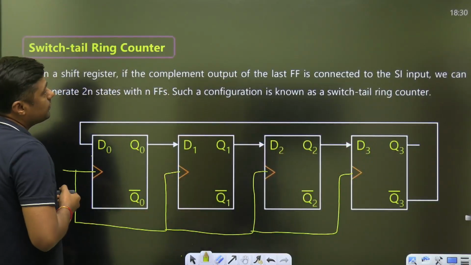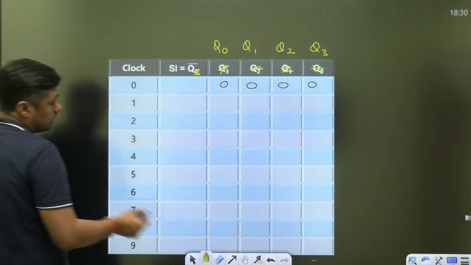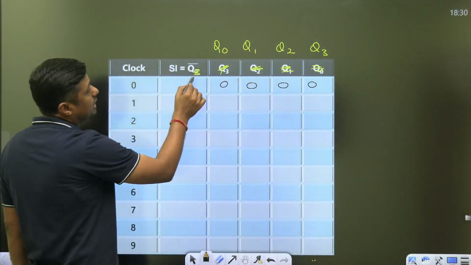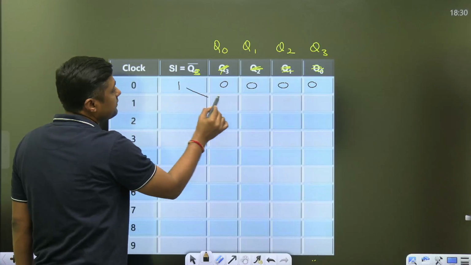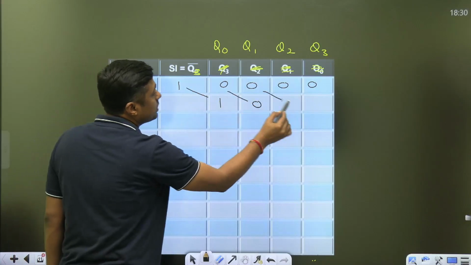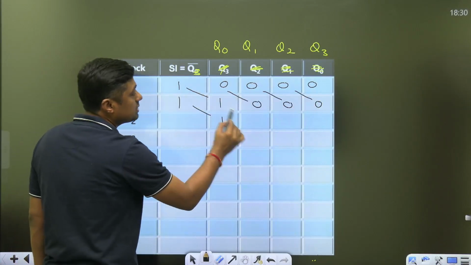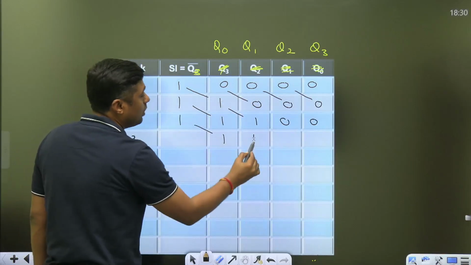And now watch this. This Q3 bar will become 1. Then 1 is shifted here, 0, 0, 0. Again this is 1, serial input 1. This is 1, 0, 0. This will become 1, 1, 1, 1, 0.